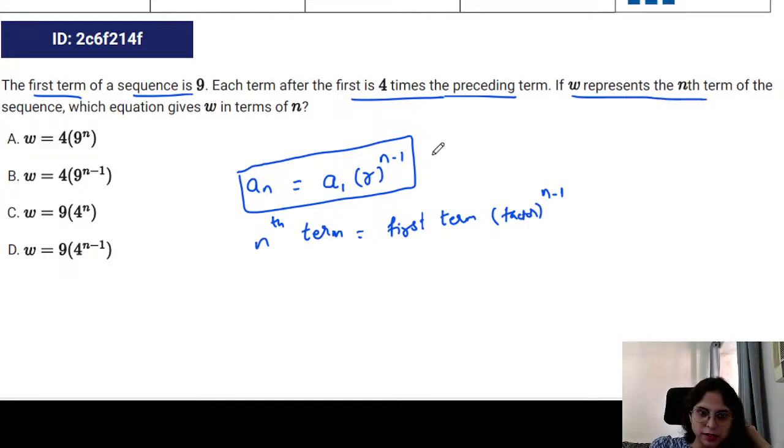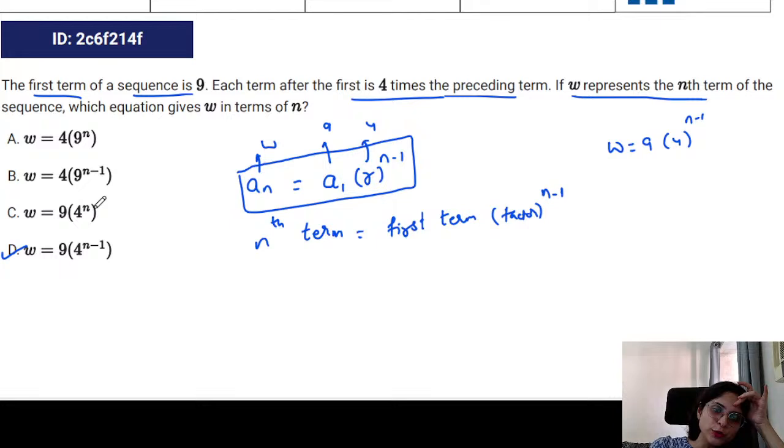W represents the nth term, so instead of an, I will write w. First term is 9, so instead of a1, I will write 9. You are multiplying 4 times the preceding term, so the value of r is 4. So this equation is w equals 9 times 4 to the power n minus 1. If you do not know the formula, you will directly do 4 to the power n.